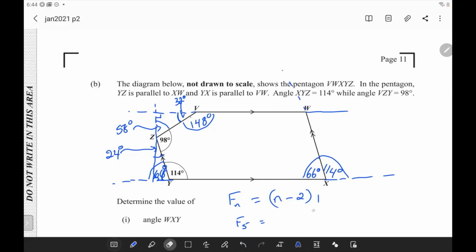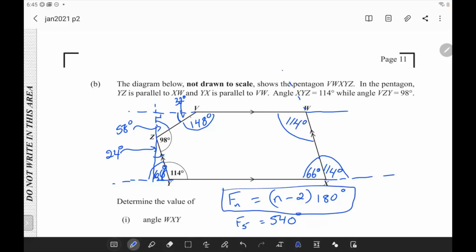Sorry, not 18 degrees, it's supposed to be 180. 3 by 180 is 540. So this is the sum of the angles enclosed. So this angle here would be 540 degrees minus the rest of the angles, which will give you 114 degrees.